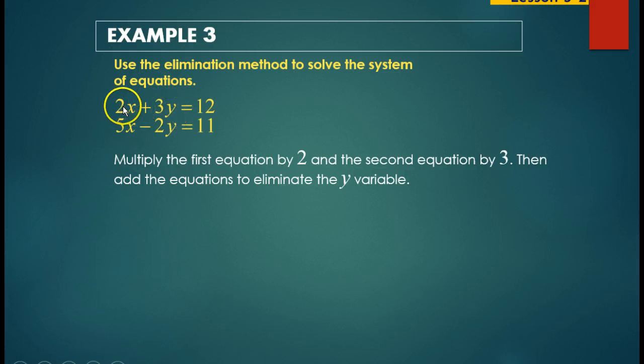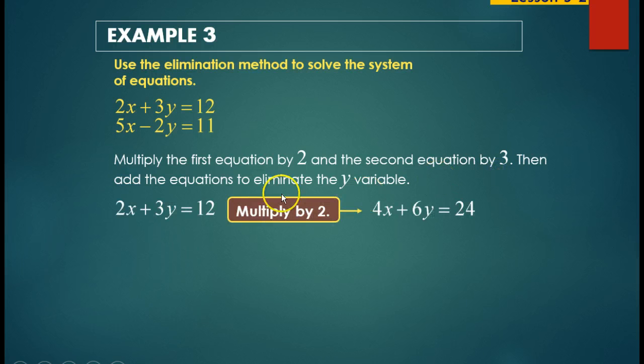You multiply the first equation by the second equation's coefficient, so we're going to multiply this equation by 2. The second equation gets multiplied by this equation's coefficient, so we're going to multiply this equation by 3. Multiplying this first equation by 2, we get 4x plus 6y equals 24.